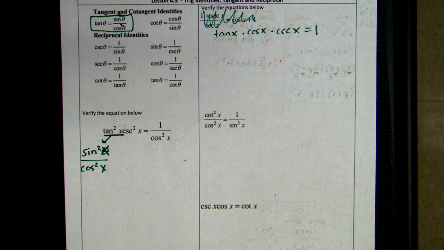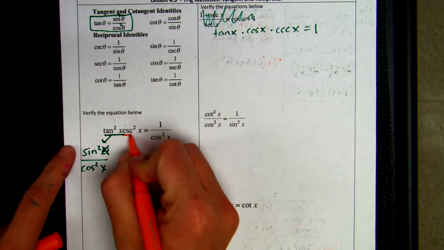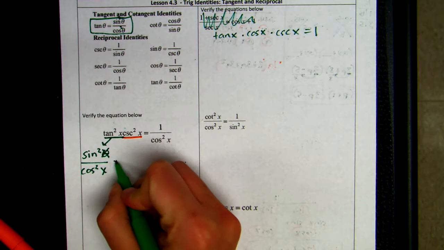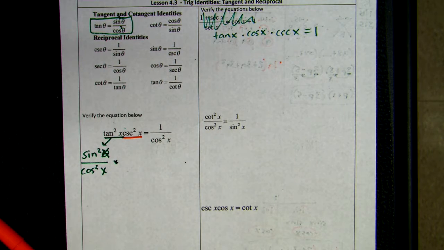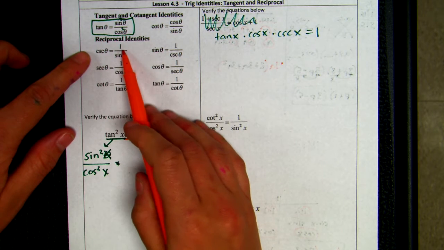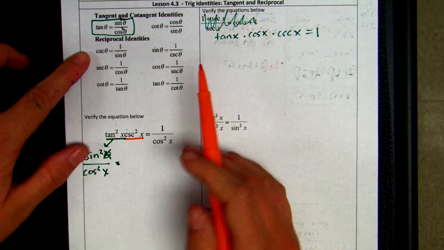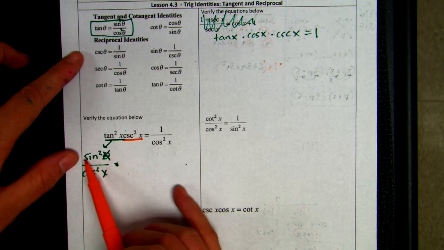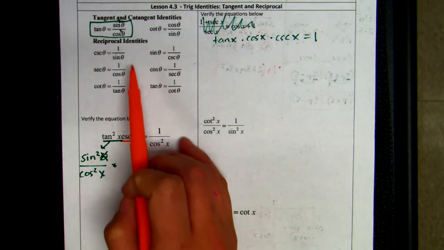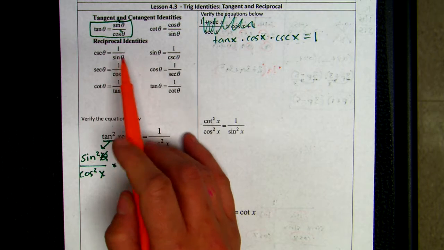Next one I have is cosecant squared of x. Okay, and I know that these are right next to each other, so I know that they're being multiplied. If I'm looking at cosecant, I see that cosecant is equal to 1 over sine. Okay? If I'm looking at that, well, I have a sine in the top of this fraction, the way that I just rewrote tangent, so it might help me to have another sine in this equation.